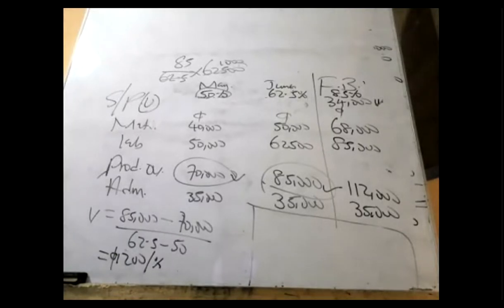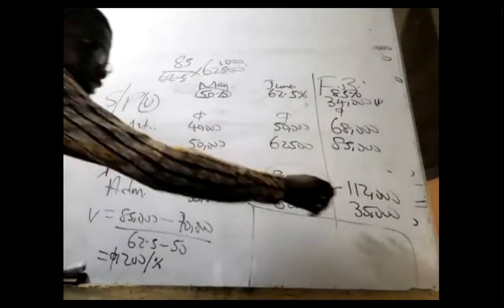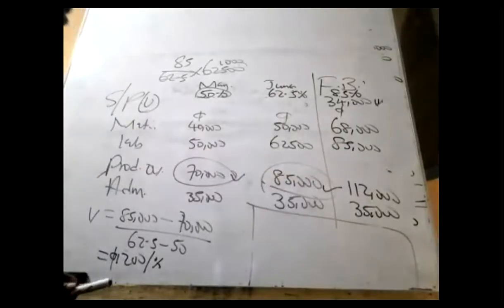So let's flex it and see that we can get the answer. Let me find the fixed cost, right? Let's find the fixed and the variable cost. This is the variable cost.